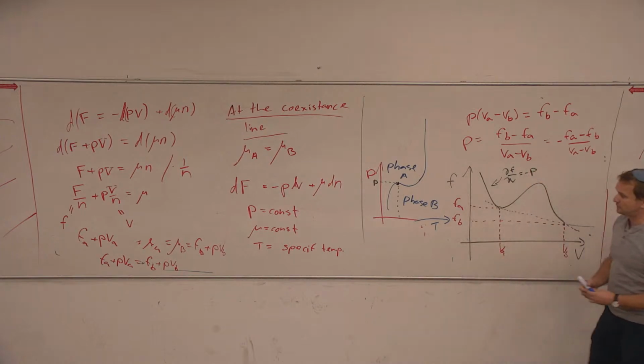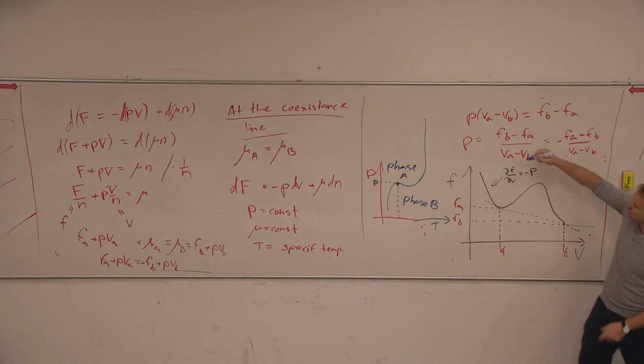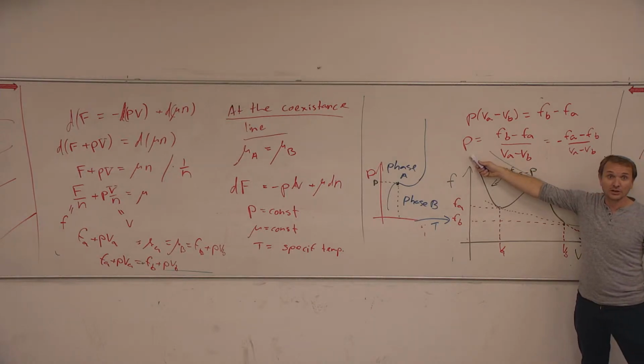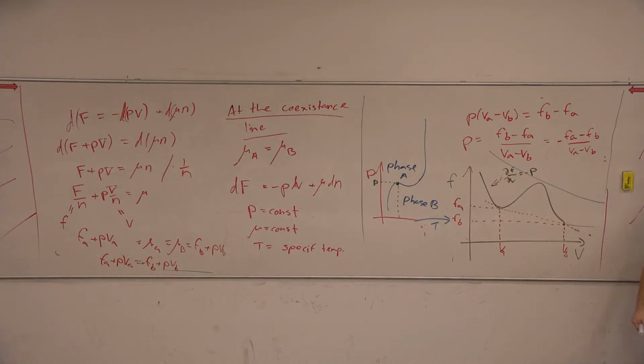As simply as that. This is what happens if I go to larger temperatures, and the line will go like this, the F as a function of V. There is no phase transition because this condition cannot be satisfied. The derivative cannot return to its value. So no phase transitions.